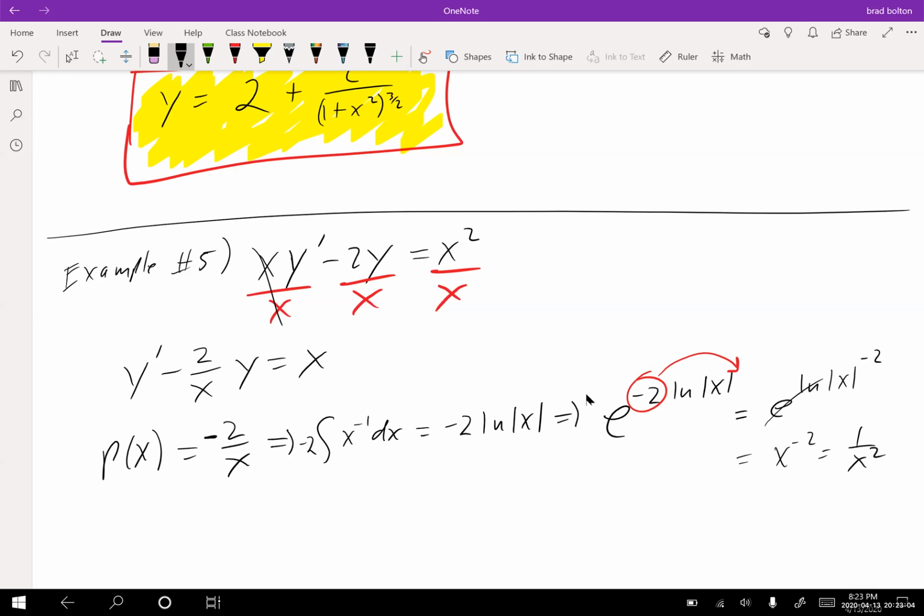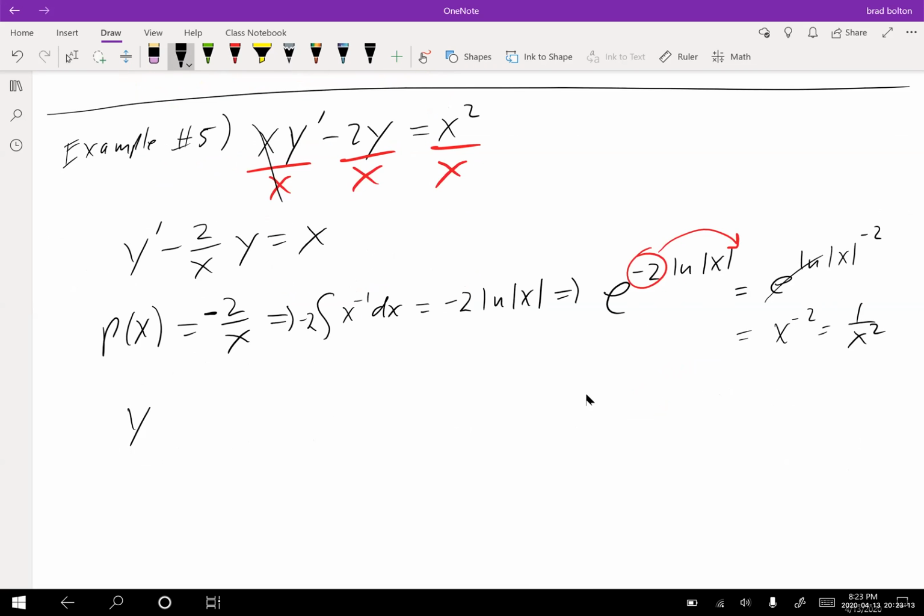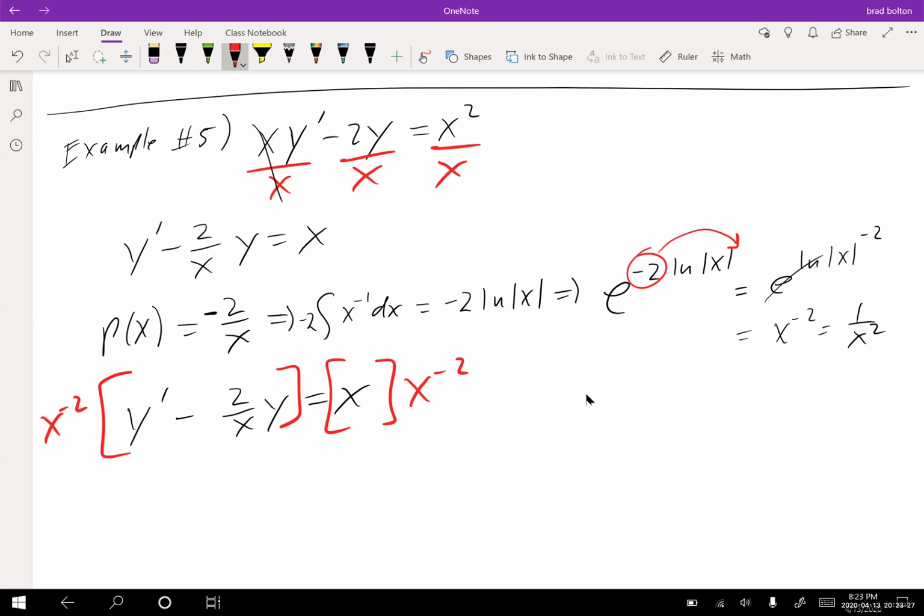So now we know that we're about to multiply everything by x to the negative 2, or you can just think of it as 1 over x squared, whichever way works better for you. We take y prime minus 2 over x, y equals x, and multiply this by x to the negative 2, because remember, x to the negative 2 is really e to the integral of p of x.